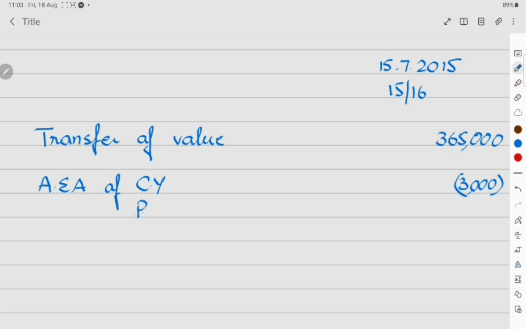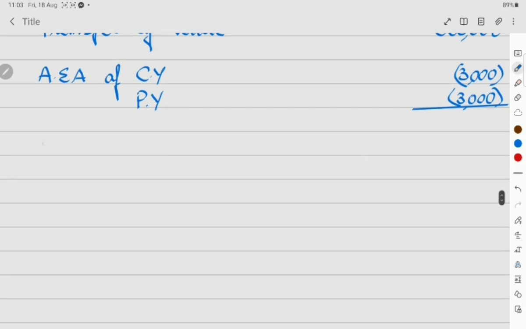So it means the previous year annual exempt amount is also available. So this 3,000 also has to be deducted to arrive at a chargeable amount, which is 3,59,000.